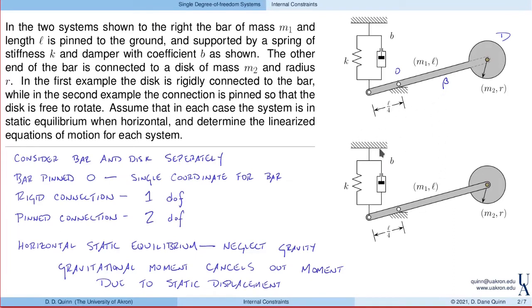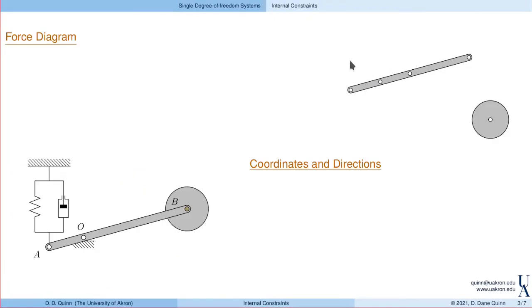And only later in the discussion will we separate this problem from this problem based on what's happening here at the pin connection. So note that each system has a spring and a damping force at one end. So we'll just add those together, acting here at point A.